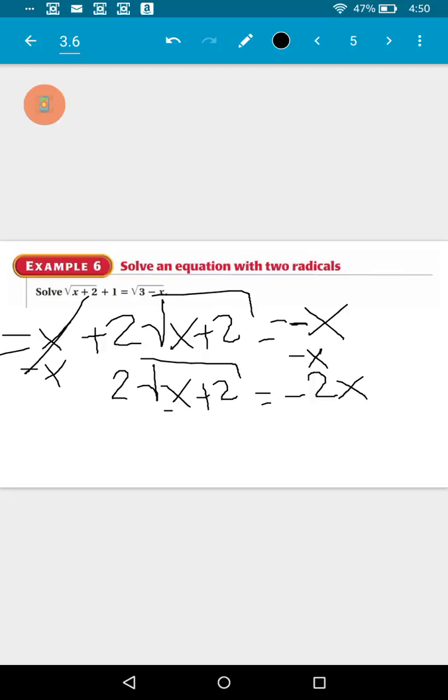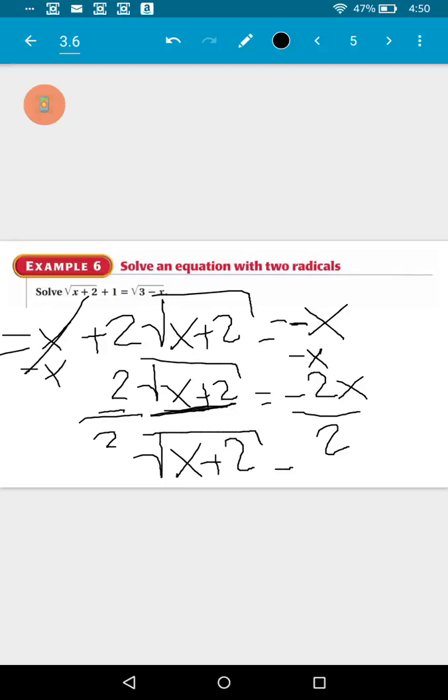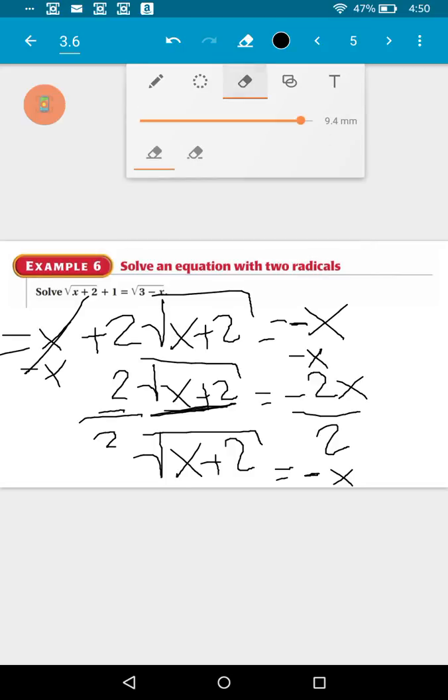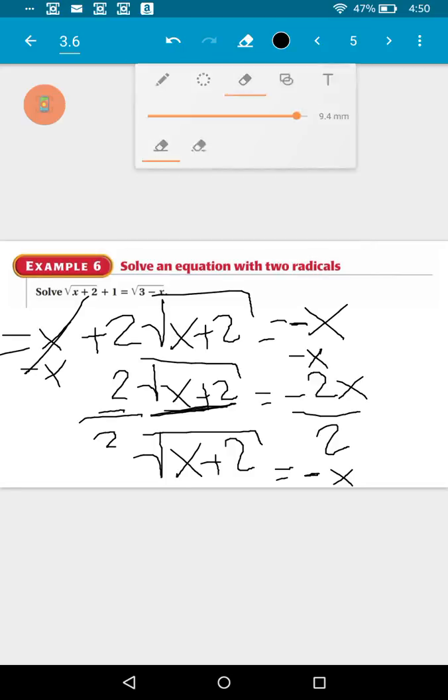I want to get this radical by itself. Divide 2 out from both sides. So I'm left with the square root of x plus 2 equals negative x. From here, you guys know exactly what to do, okay?